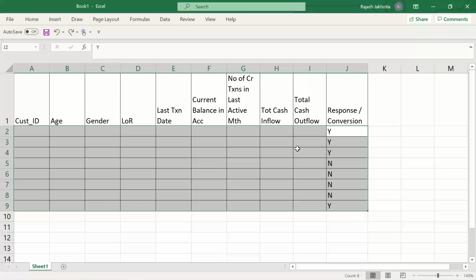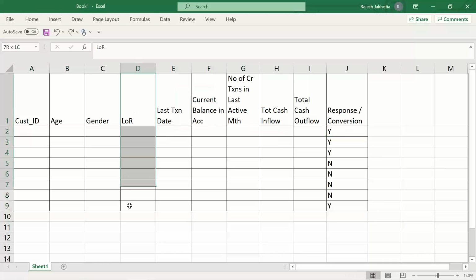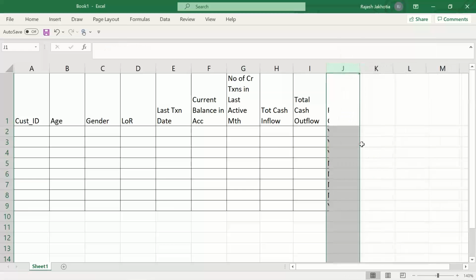The point is finding out the relation between the input columns vis-a-vis the output column, because subsequently when you are going to use this classification tree model, at the time of application you will not have this column.